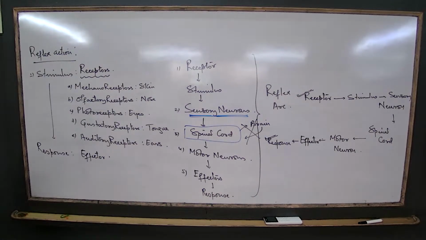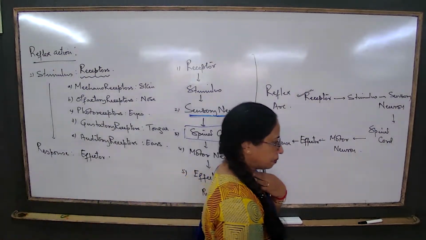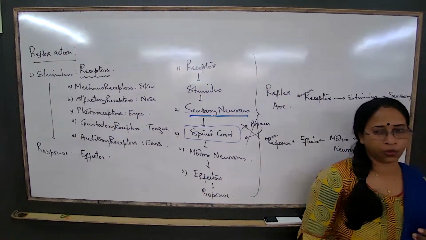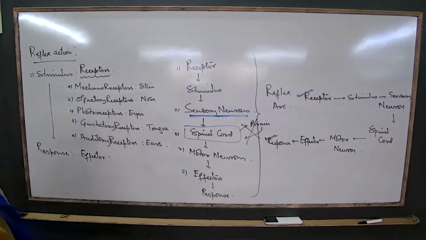Specific regions of the body which can receive stimulus are known as receptors.